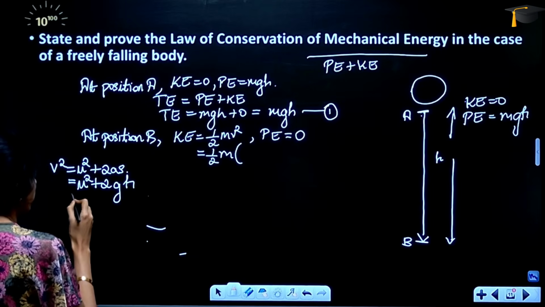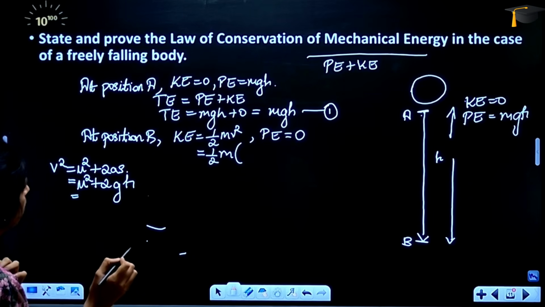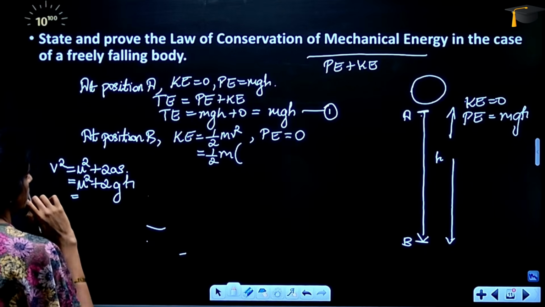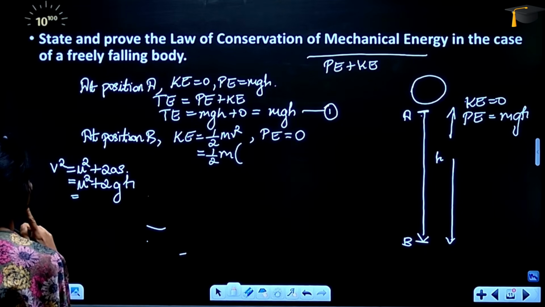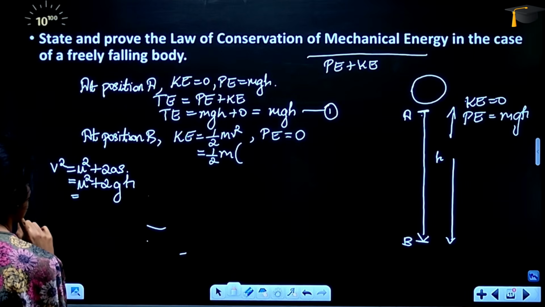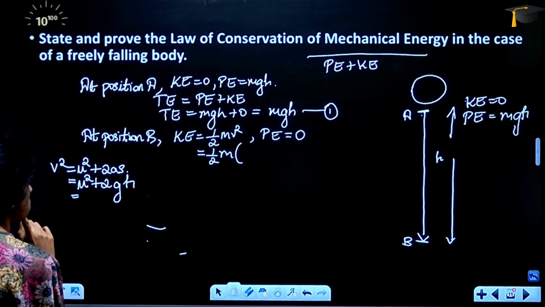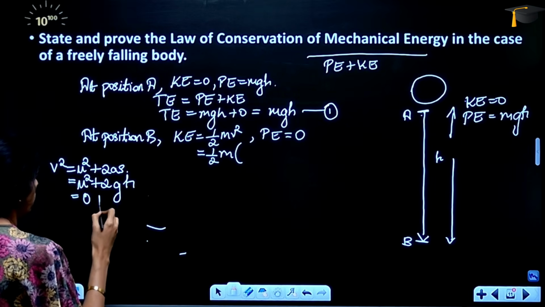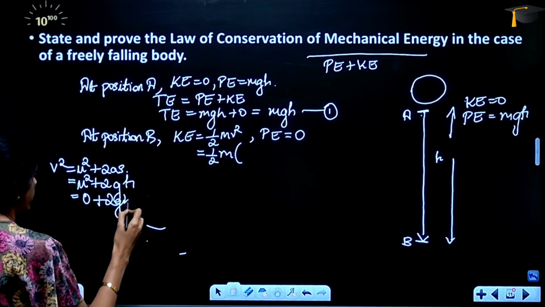Now, again over here, at the position B, we are taking u as 0 and then we get 2gh.